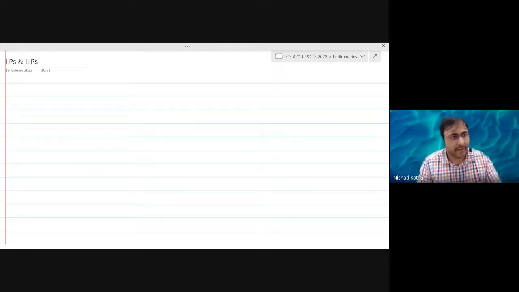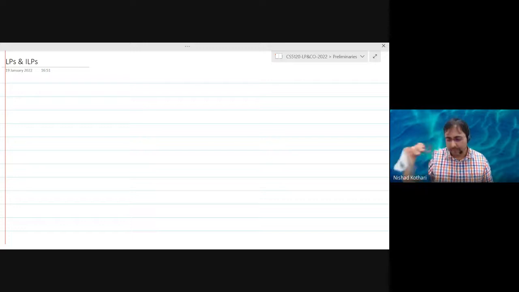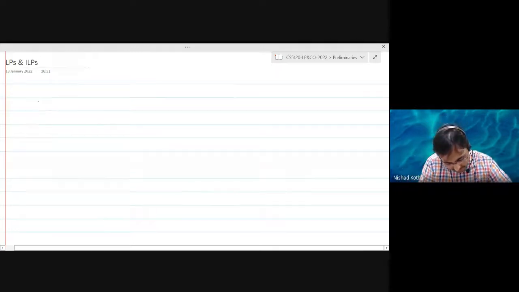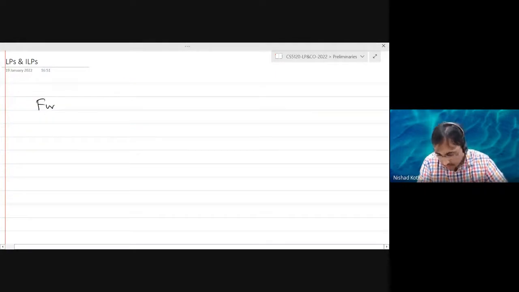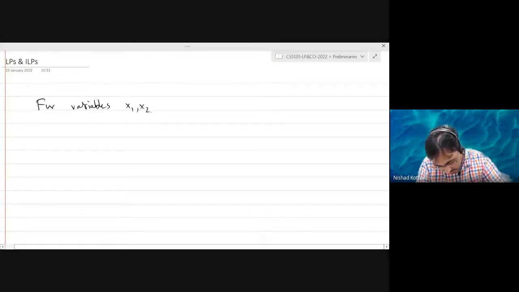So I'm going to define things for a fixed finite number of variables. So I'll set the number of variables to be 3, but whatever I'm writing applies to as many variables. Let's say you have variables x1, x2, x3 for the sake of example.